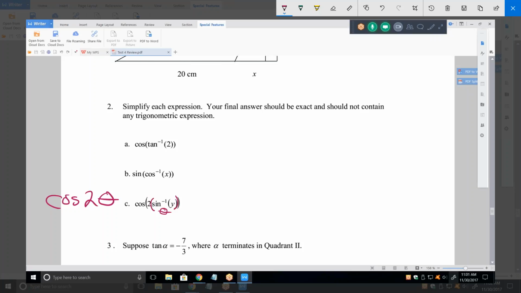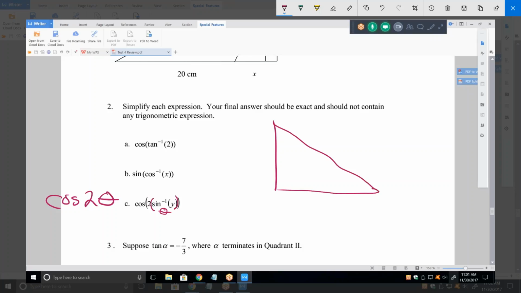So, next step. Whenever I say next step, what's the most likely answer? Draw the triangle and do what? Label theta.